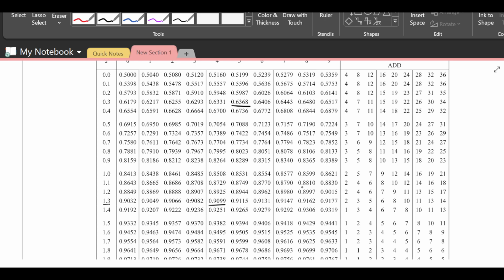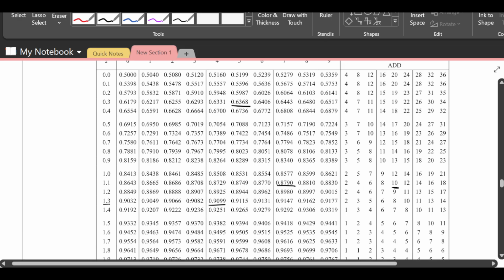Now look here, we have 0.8790, so I have to add 10. This is the fifth position. So 1.1, then 0, 1, 2, 3, 4, 5, 6, 7, so 1.175.